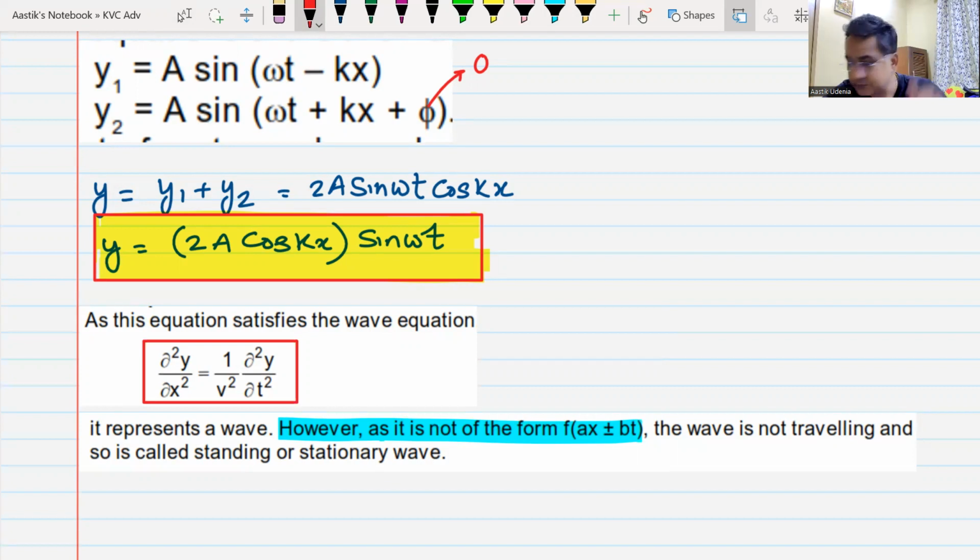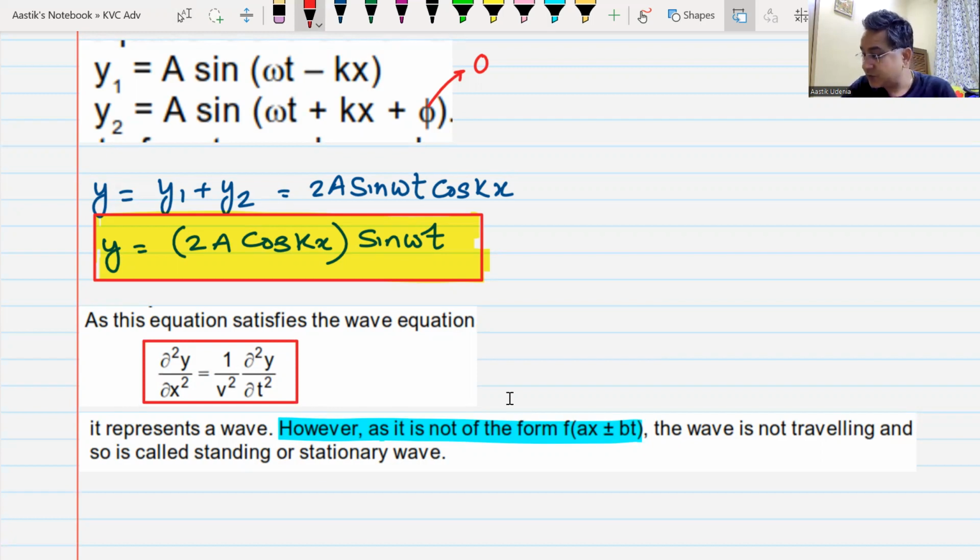Yes, sir. Is it making sense or are we talking nonsense? It is making sense. Okay, now remember this is just a sine wave.